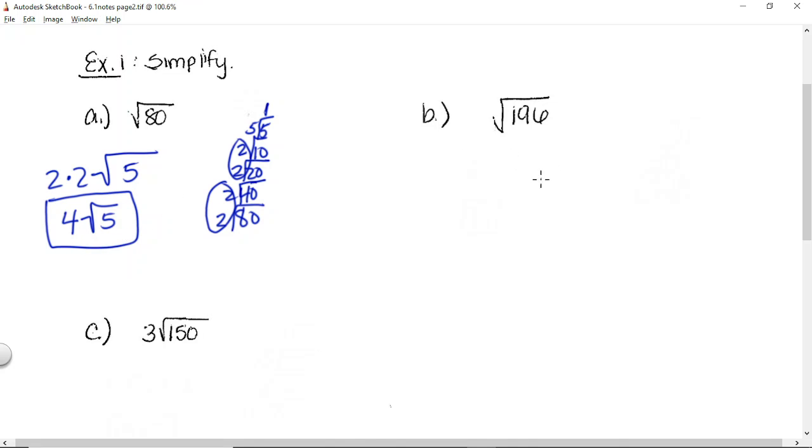Let's look at the next one. So we're going to make our cake 196. Well, we'll use 2, and that's 98. We can use 2 again, and that's 49.